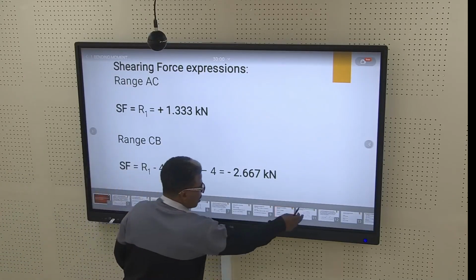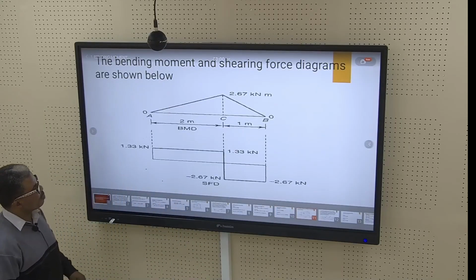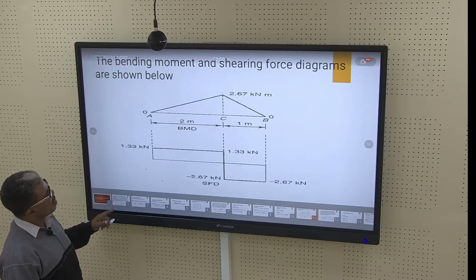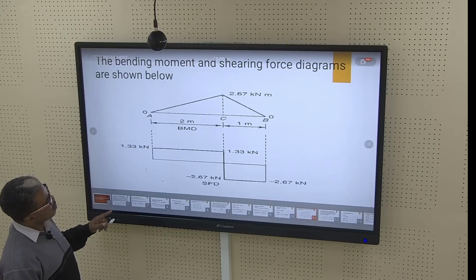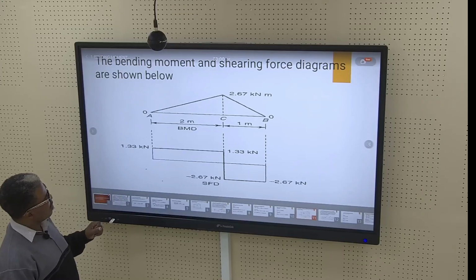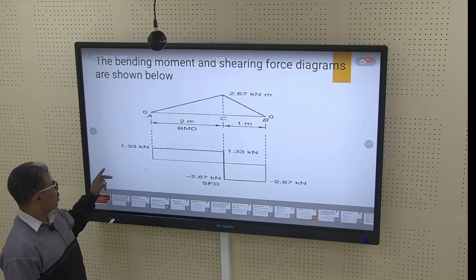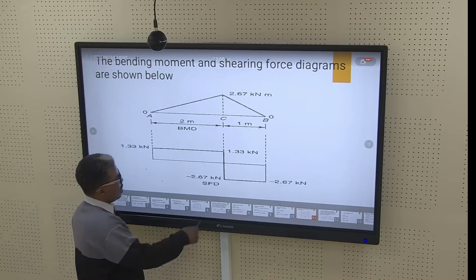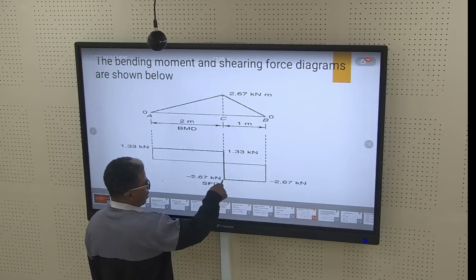Let's see how they are drawn. So the range AC, the bending moment indicates that it is 2.6 kilonewton meter, and for the shearing force at A, the positive is 1.33 kilonewton, and it has to turn back in direction here.